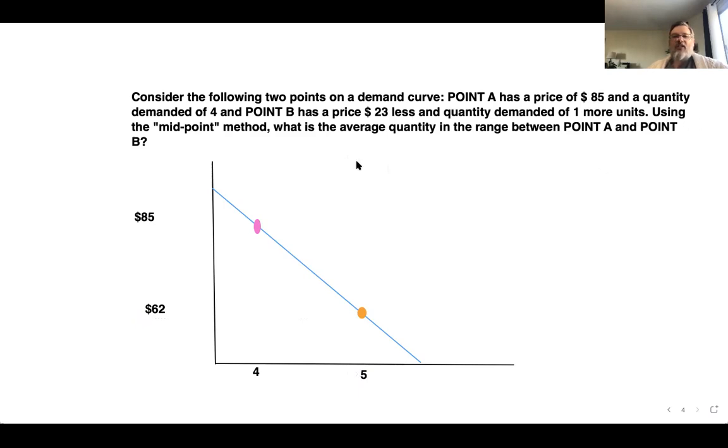And then it says, using the midpoint method, what is the average quantity in the range between point A and point B? Well, that makes it easy. They're just asking us to compute one part of our formula, which is the average. The average is just 4 plus 5 divided by 2, so 4 plus 5 is 9, divided by 2 is 4.5.